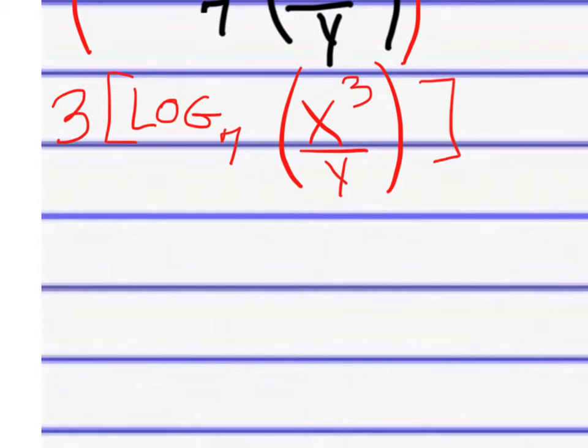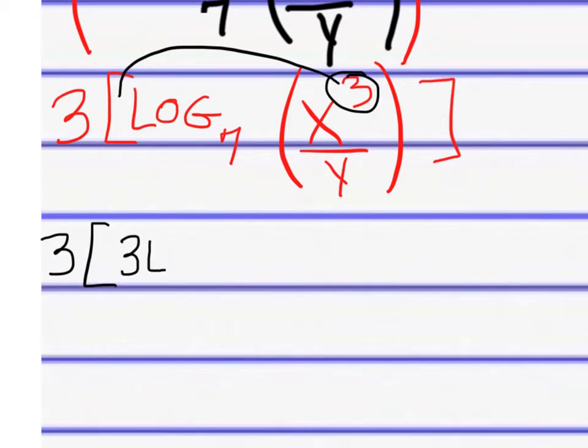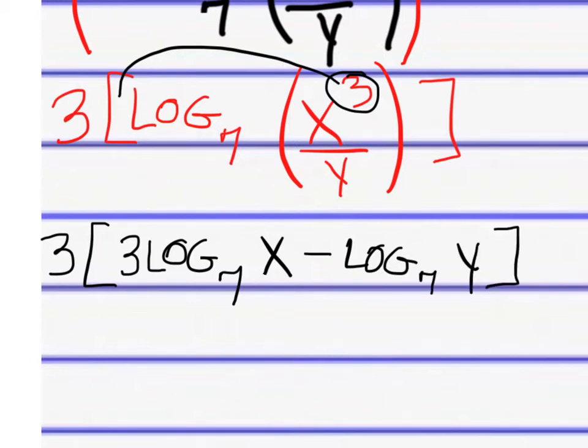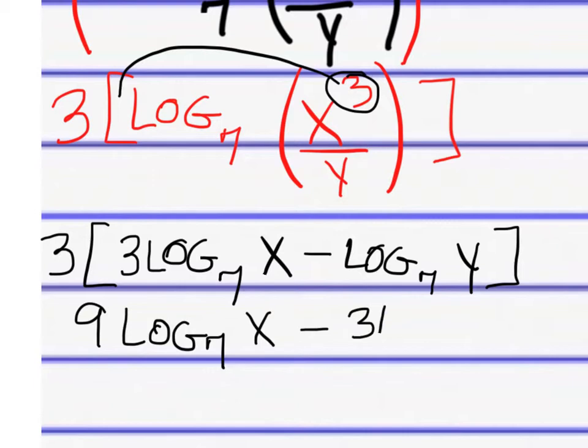So let's split up what's inside and make that 3 times the quantity of, and you can move this exponent out in front of that log and make it 3 log base 7 of x. And remember, it's division, so you must have minus log base 7 of y. Then distribute the 3 to come up with 9 log base 7 of x minus 3 log base 7 of y.